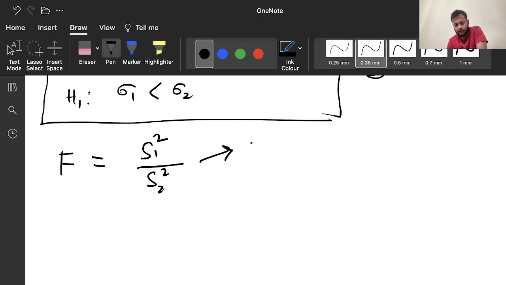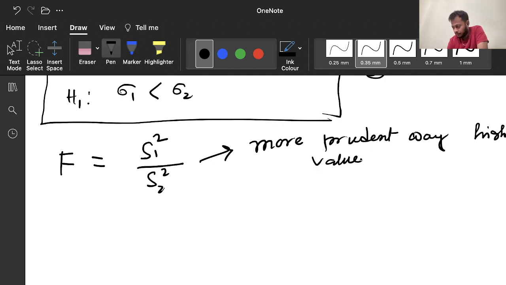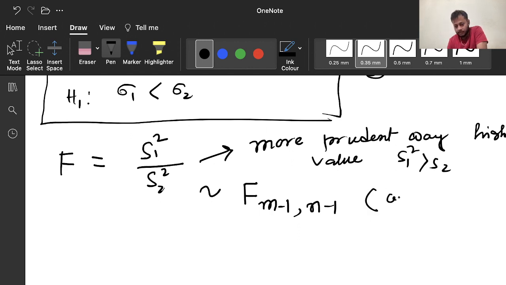This is the more prudent way, where the higher value, s1 square greater than s2 square, will follow an F distribution with m minus 1, n minus 1 degrees of freedom when sigma 1 square equals sigma 2 square.